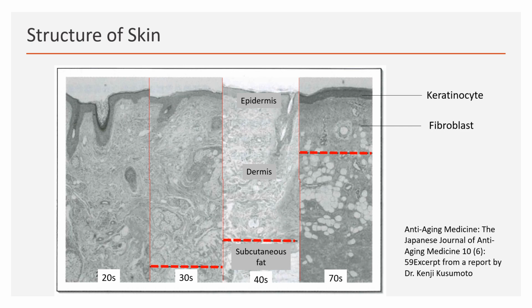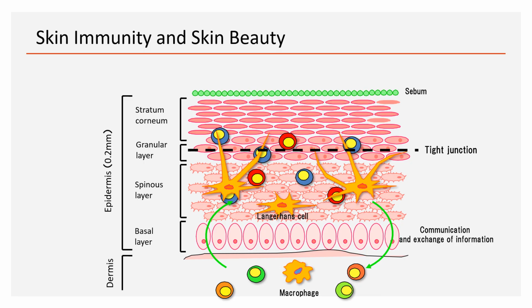The skin consists of the epidermis, dermis, and subcutaneous fat. The epidermis is primarily made up of keratinocytes, and the dermis is made up of fibroblasts. First, we would like to talk about the epidermis. The epidermis is a thin membrane of approximately 0.2 mm thickness.